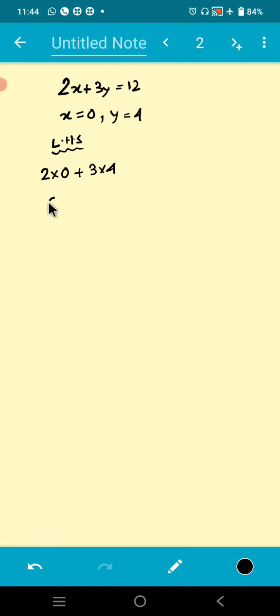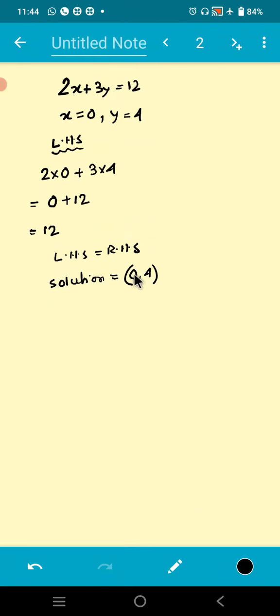Now 2 into 0 will give you 0, and 3 into 4 is 12. So this would be equal to 12. Again LHS equals RHS. Fine. Now what will the ordered pair, what would the solution look like? The solution will look like 0, comma 4. I repeat, always mention the value of x first and then the value of y. And this is called an ordered pair. So we already have two solutions.